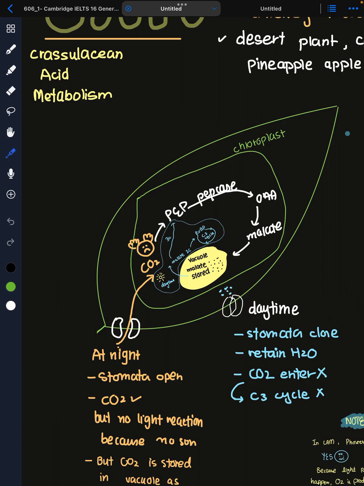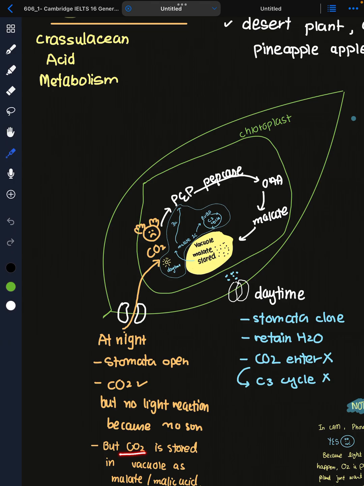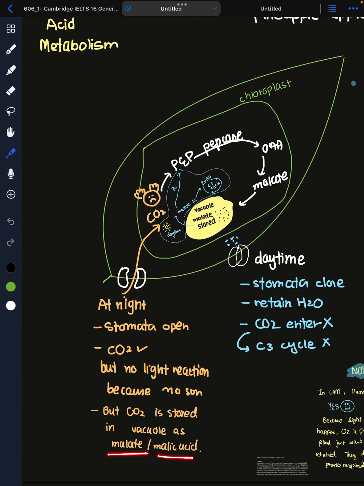At night time, the stomata are open and carbon dioxide can enter the mesophyll cells, but because sunlight is not present, the light reaction cannot happen, because the light reaction needs sunlight to take place. So for that, the CAM plants store carbon dioxide in their vacuoles as malate or malic acid.